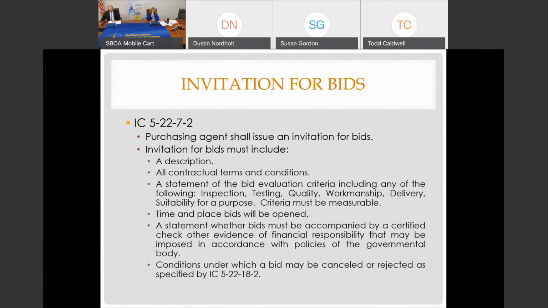It also has to include the time and location where the bids are going to be opened, a statement whether the bid must be accompanied by a certified check or other evidence of fiscal responsibility that may be imposed, and the conditions under which bids can be rejected or canceled.